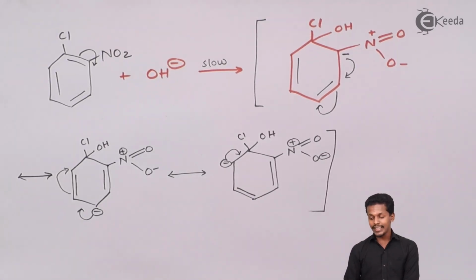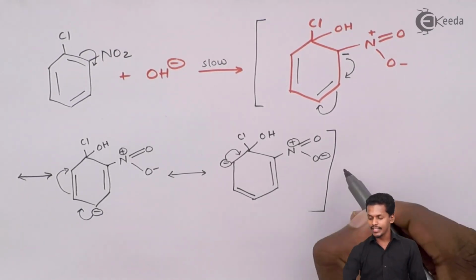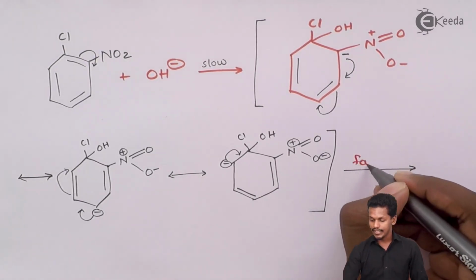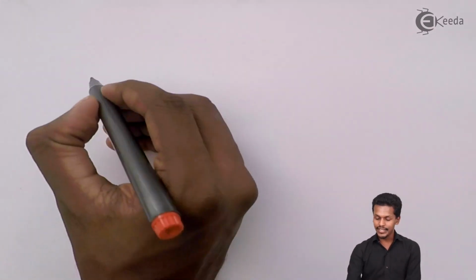So ultimately we can write the hybrid structure also, where we could find that the negative charge is basically delocalizing, or it has been shifting in the benzene ring, and that's the reason that ultimately we could get a product basically, and therefore that kind of reaction would be basically a fast process, so as to obtain the main product that we are concerned with.